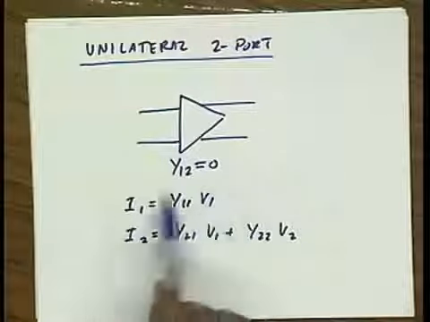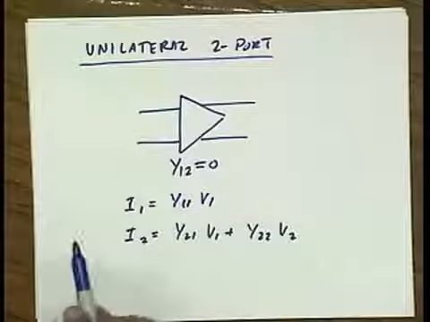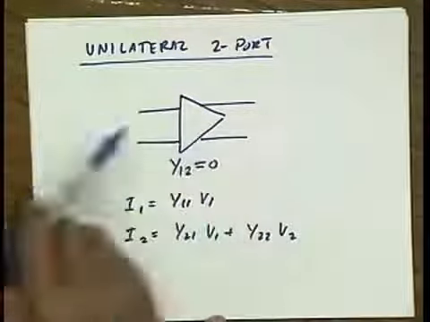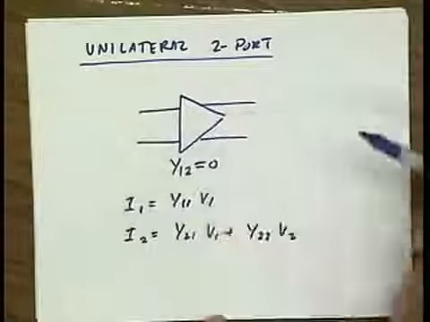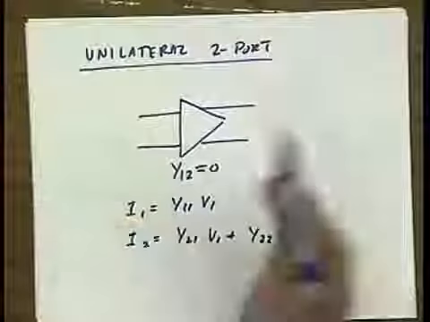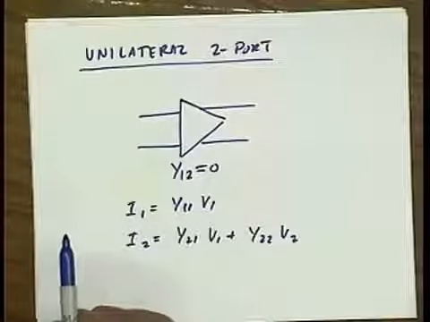So in this equation here, we see that the output doesn't influence the input current. And that's why we call it a unilateral device. The triangle points in the direction of influence, right? Input signal here produces output signal here. Output signal here does not influence the input signal. And of course, when we design amplifiers, we like them to be unilateral.